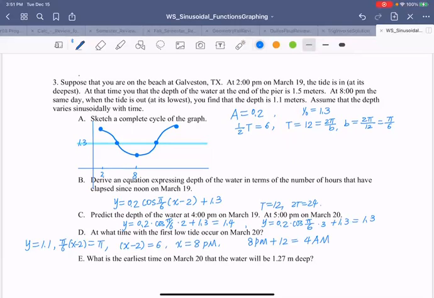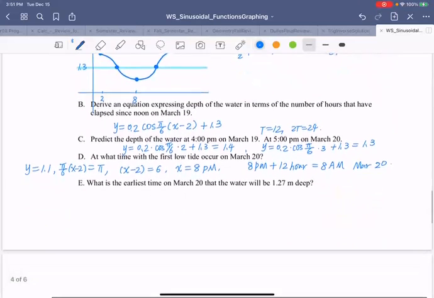No. Plus 12 hours is going to be 8 a.m. From 8 p.m. at night, you increase 12 hours, it's going to be 8 a.m. in the morning, okay? Right. So it's 8 a.m. on March 20, okay? Does that make sense? Yeah. Okay.